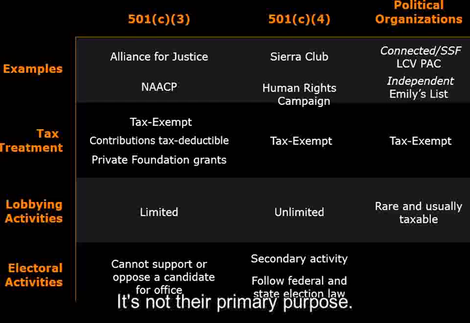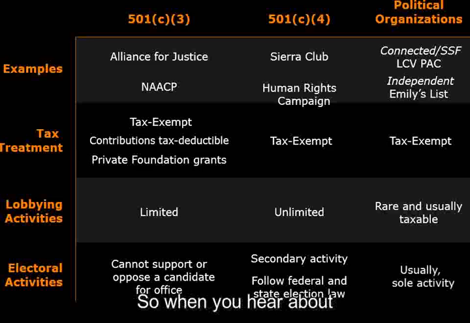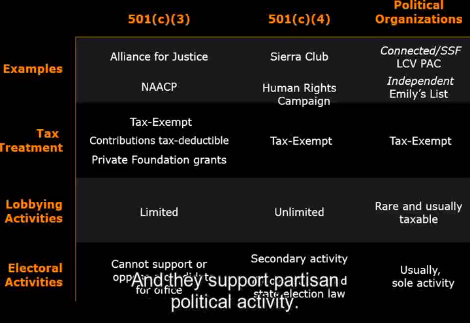It's not the primary exempt activity that a PAC should engage in, but their sole activity is to support or oppose candidates. So when you hear about political action committees, that's what they do. They support candidates and they support partisan political activity.